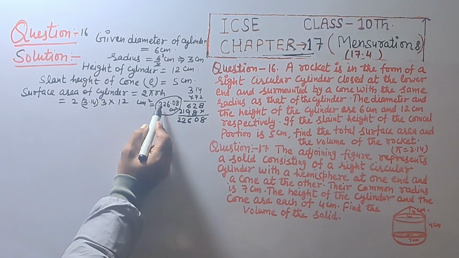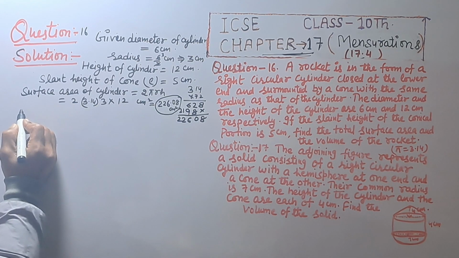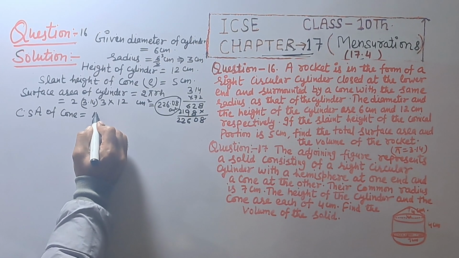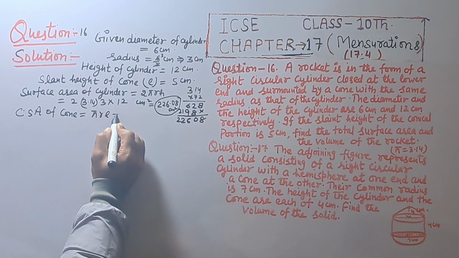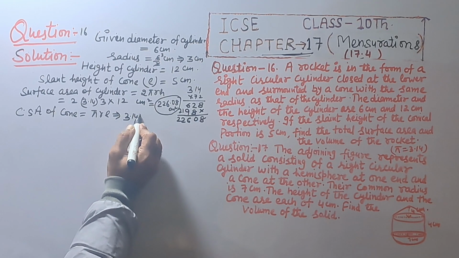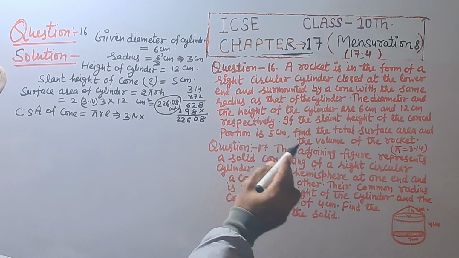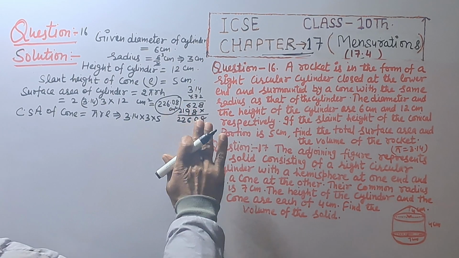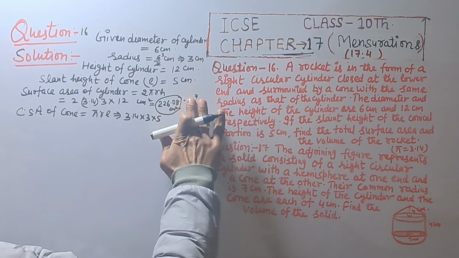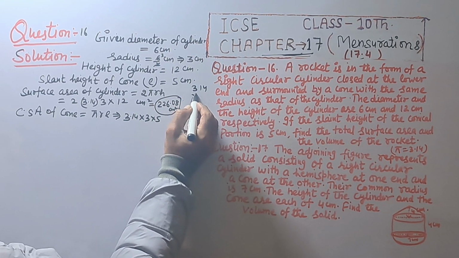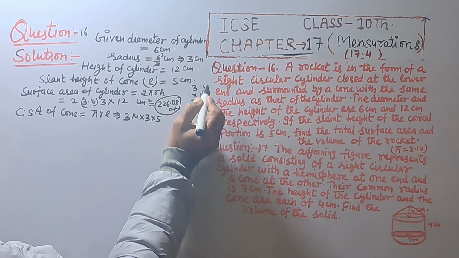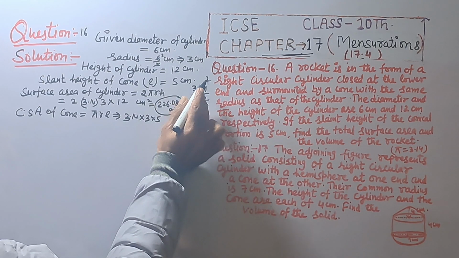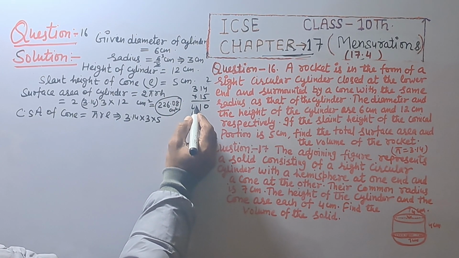Curved surface area of cylinder is equal to 226.08 centimeter square and curved surface area of cone, that is equal to pi r l, which implies pi is 3.14 and radius of cone is 3 and slant height is 5. 314 multiplied by 15. 15 4s are 60, 6 carry. 15 1s are 15 plus 6, 21, 2 carry. 15 3s are 45, 45 plus 2, that is equal to 47, and point is here.